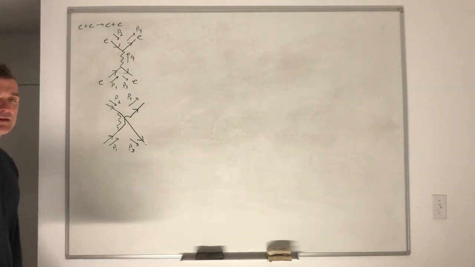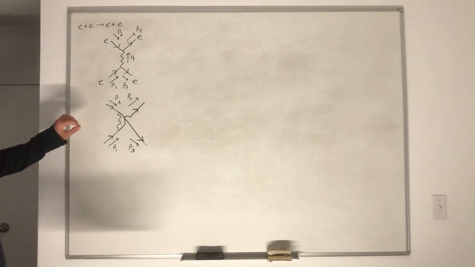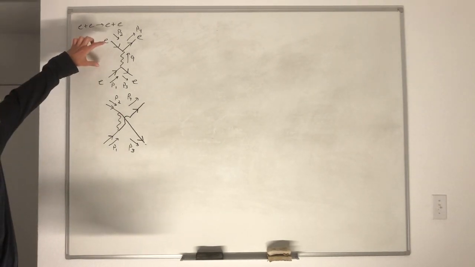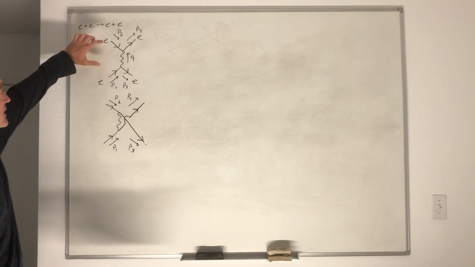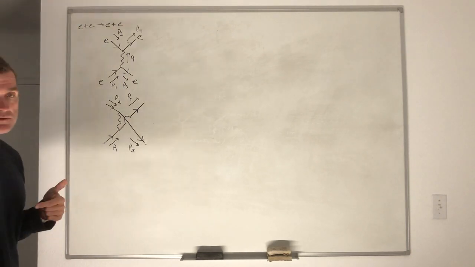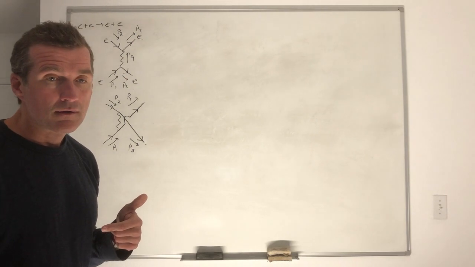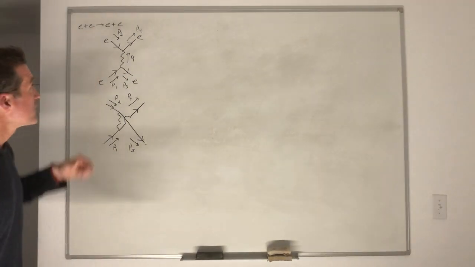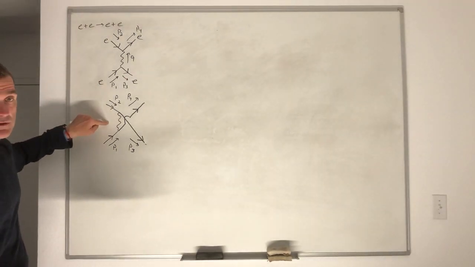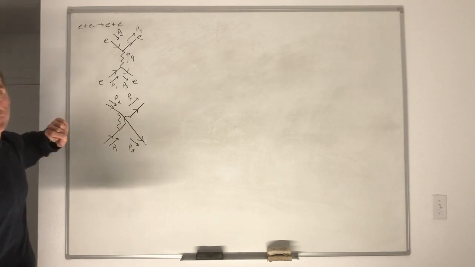Nice. Now, I have a question. Could I instead swap, or could I additionally swap the incoming particles and make a third diagram? Wouldn't that be the same as the first one that you drew? Well, no, it would be the same as this one, if you swap both the first two and the last two.